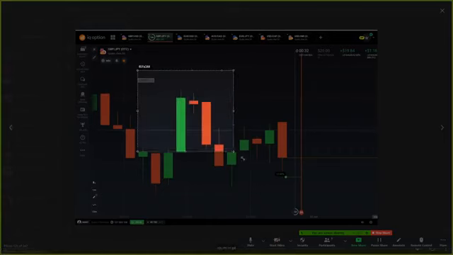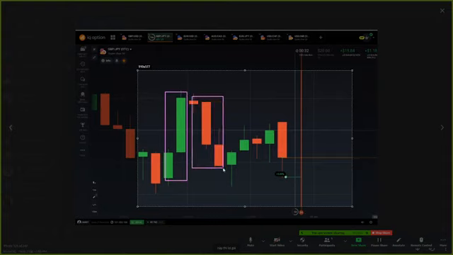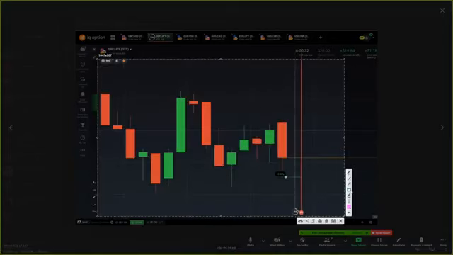Okay, so what do I have now? I enter at 32 seconds because I am confident. Okay, so you have uptrend, downtrend, uptrend, downtrend. Okay, so what is this? This one is an uptrend. This one is an uptrend.